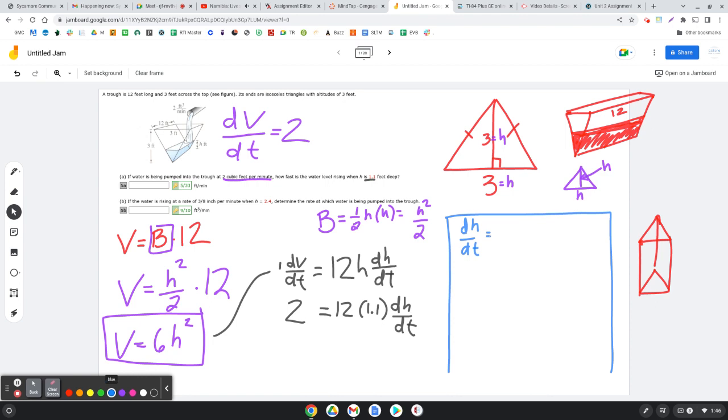This is where the units really can help us. So dh/dt is 3/8. Find dV/dt at h equals 2.4. Oh, so now we have dV/dt. It's 12 times 2.4 times 3 divided by 8. And I promise you that'll give you 9/10. Okay. Boom.